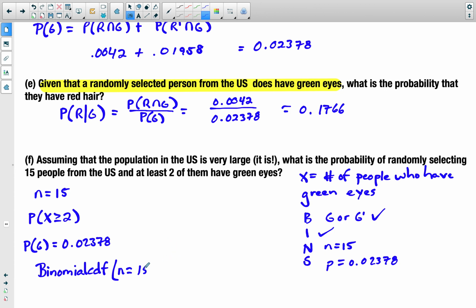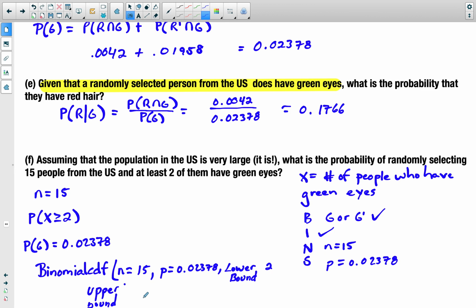So your sample size is 15. Your probability of success. I have a lower bound. So my lowest number that satisfies this is 2, at least 2, and my upper bound. The way to do binomial CDF might be different for your calculator.